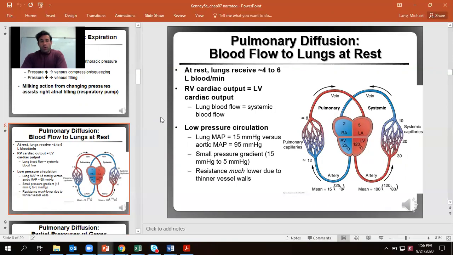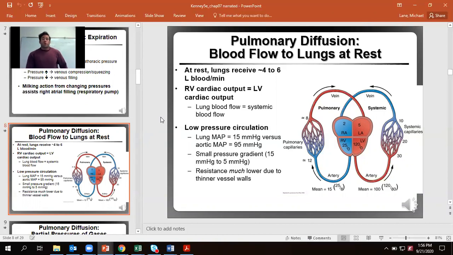Our cardiac output for our right ventricle and left ventricle, remember guys, is always going to be the same. The key is we've got much lower pressures going through our pulmonary vasculature as opposed to going through the aorta and the systemic blood flow.